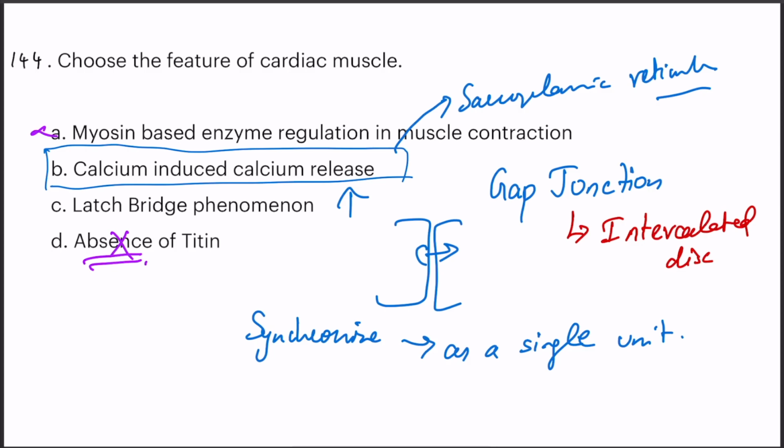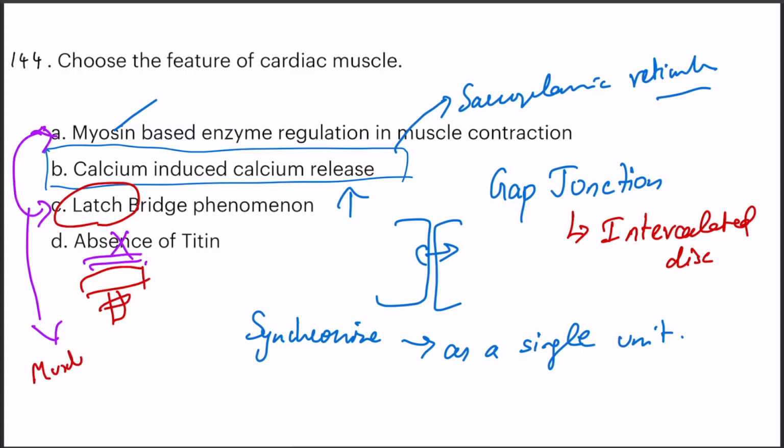These two options, A and C, are true for smooth muscle cells, that is the muscles present in our intestines, etc. They are myosin based, and show the latch bridge phenomenon. What is latch? Latch means the lock which we use in the doors, to lock our houses. So it means the muscles are getting locked. So the muscles can give prolonged contraction.